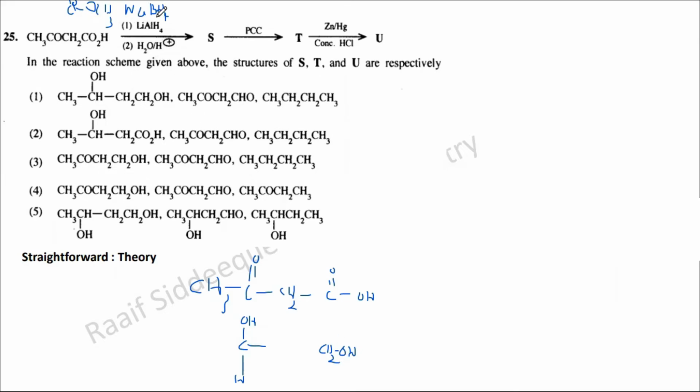But sodium borohydride's reducing ability is a little lower. In fact, it's considered to be mild. So this can only reduce these carbonyls. It cannot reduce either carboxylic acids or esters.